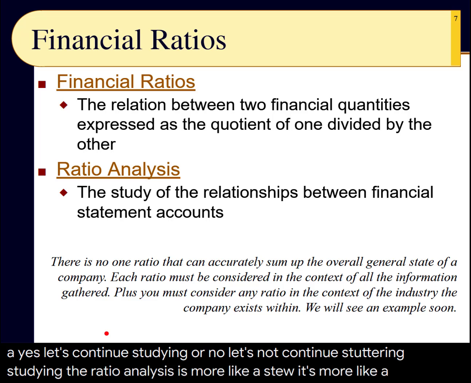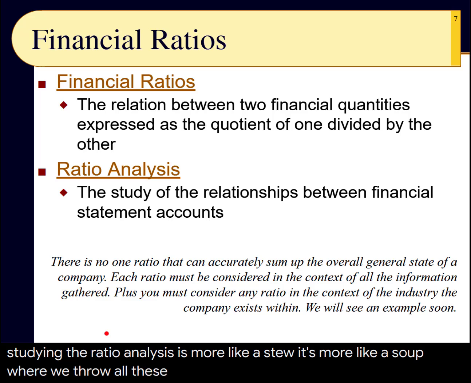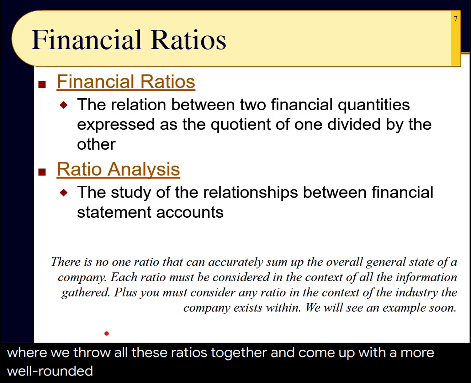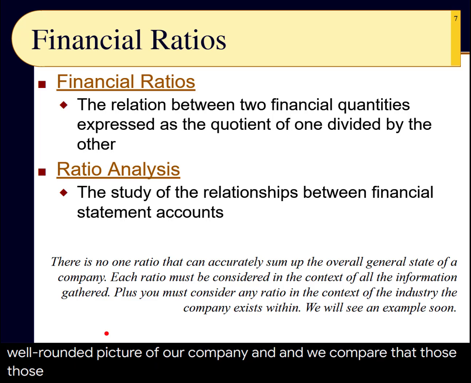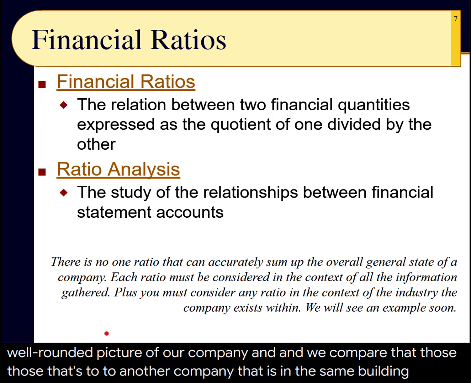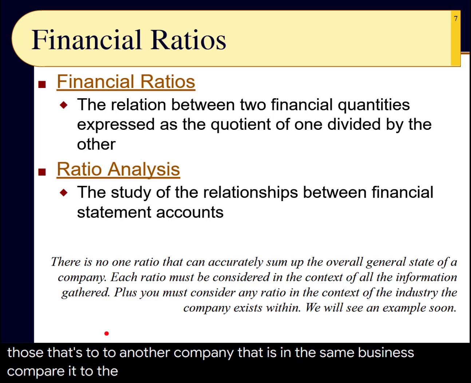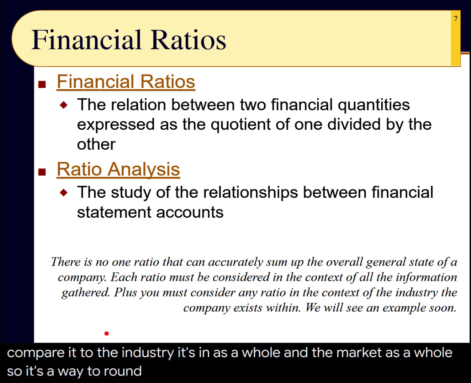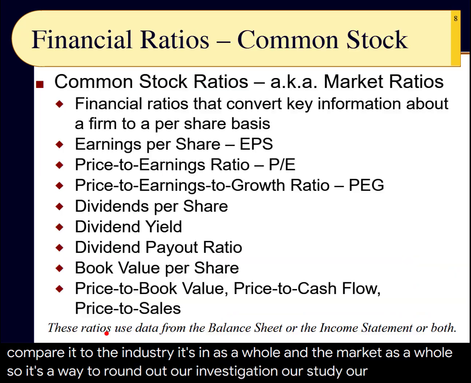It's more like a soup where we throw all these ratios together and come up with a more well-rounded picture of our company. And we compare that stew to another company that is in the same business, compare it to the industry it's in as a whole and the market as a whole. So it's a way to round out our investigation, our study, our research.